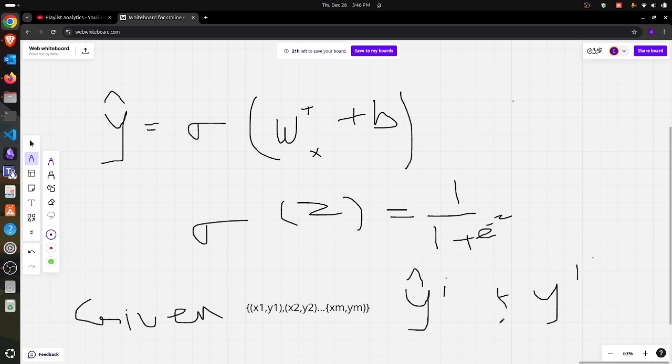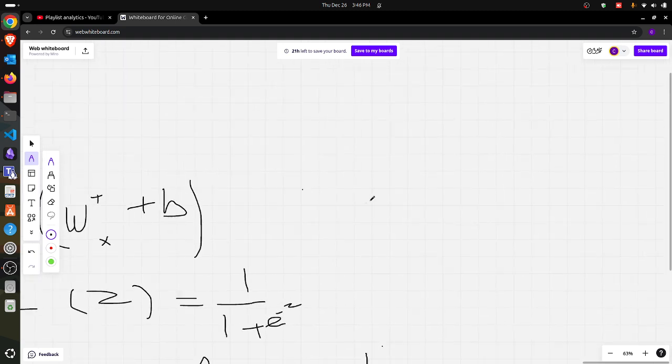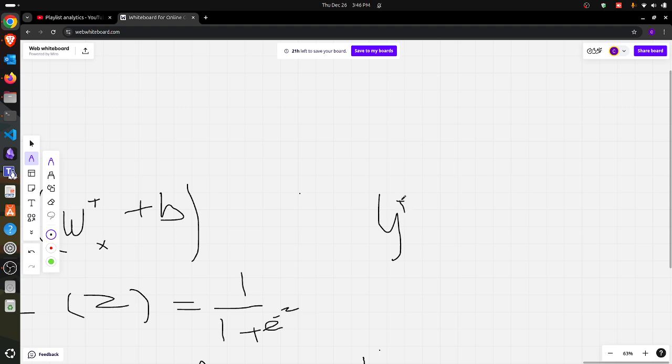On the training set, we want the prediction y hat i to be slightly equal to yi, so it will be closer to the ground truth label we have in the training set.